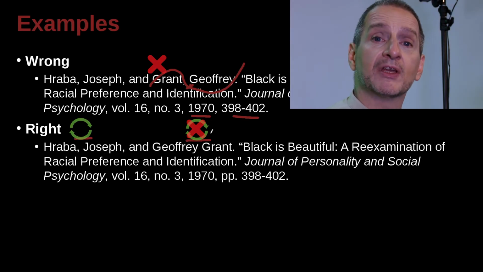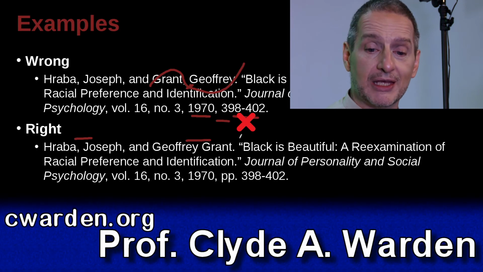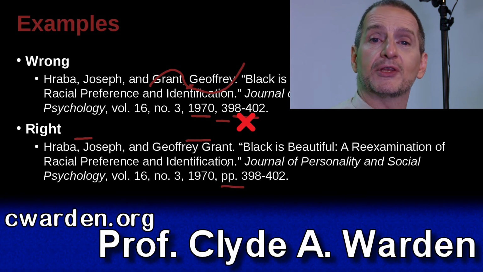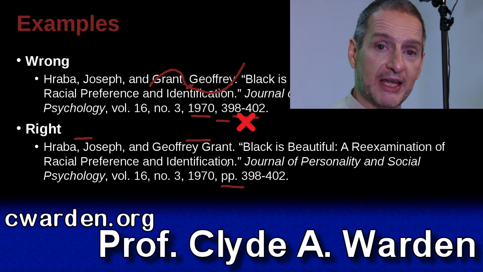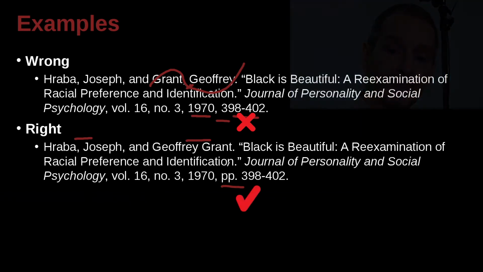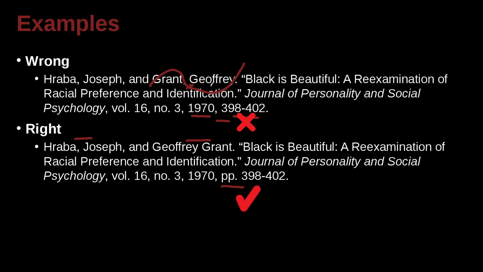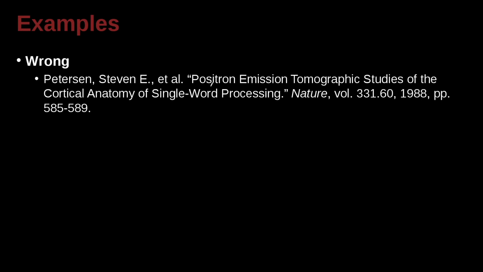Very important. And we also can see that we are missing our period there for the pages, from what page to what page. And in MLA, you do need to have that. So that's pretty straightforward. Just don't confuse this with other style approaches such as APA.